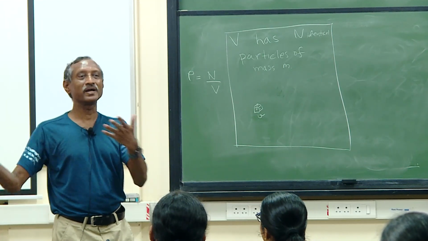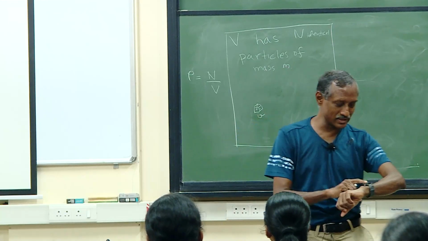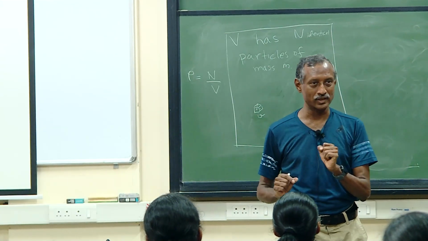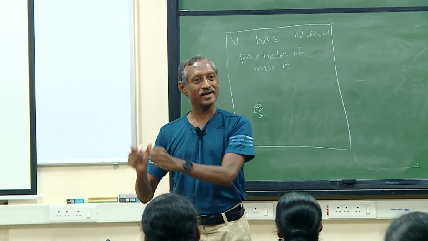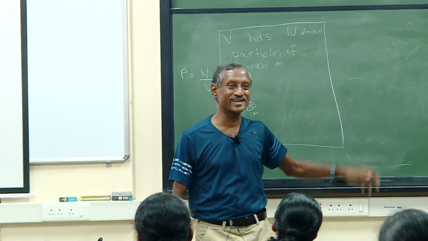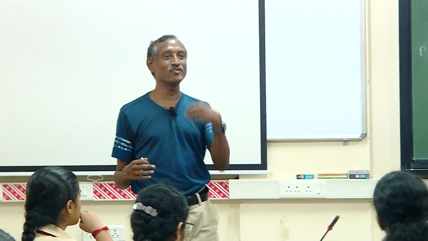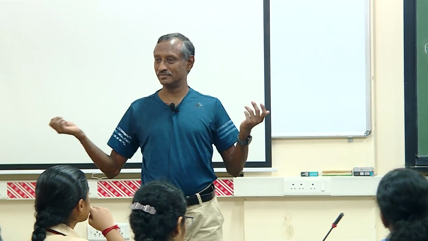Volume is fixed, but I am counting the exact number. I'll stop my watch, this second I'll count. Wait 1 second, later count again. They are constantly moving, so particles are coming in, going out. So the number of particles in there is like a random variable.